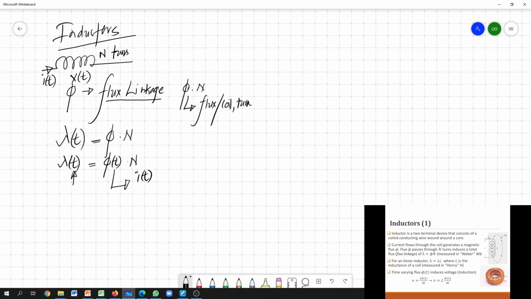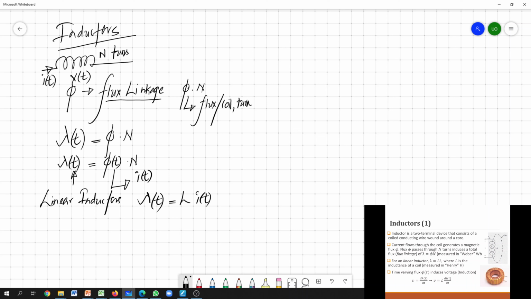Again, for linear inductors, the total flux is proportional to the current fed to the circuit. The total flux linkage simply varies with the current we feed to the inductor.